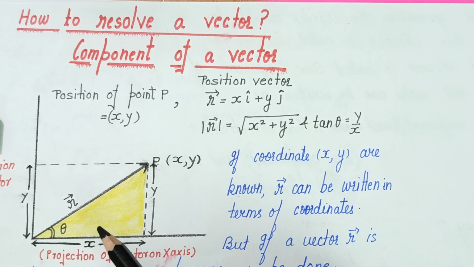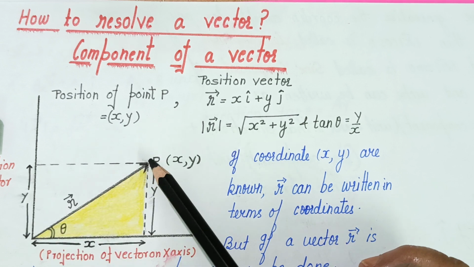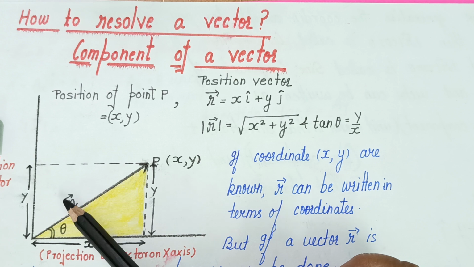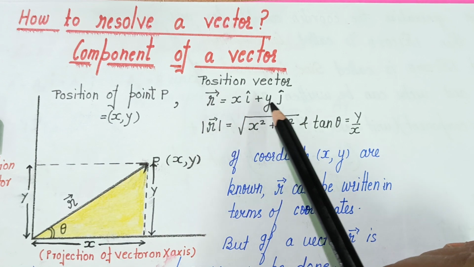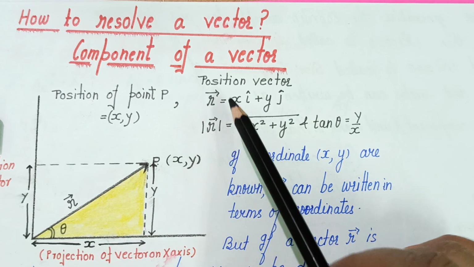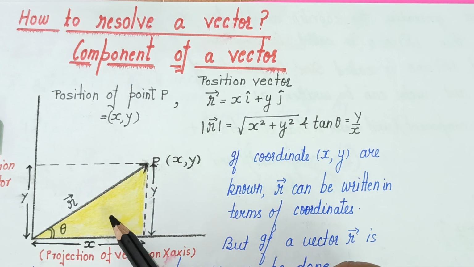And I told you that I can write my position using the position vector r, and r can be written in terms of unit vectors i and j as x coordinate into i cap plus y coordinate into j cap.